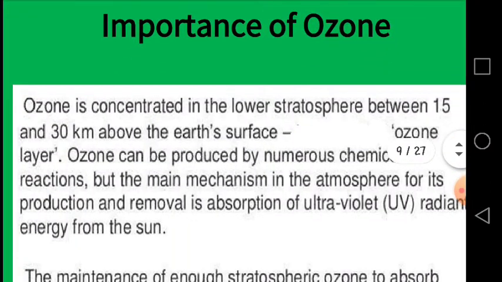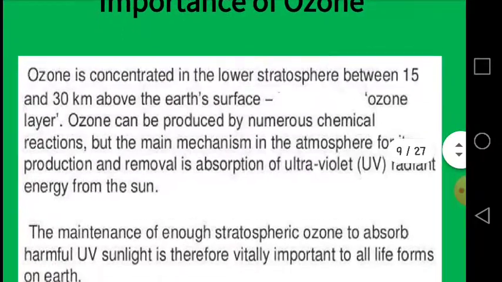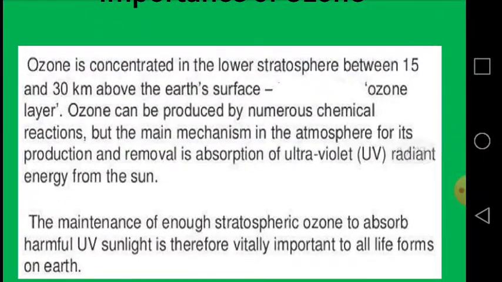One more point for the importance of the ozone. Ozone is concentrated in the lower stratosphere between 15 kilometers and 30 kilometers above the earth's surface. Ozone can be produced by numerous chemical reactions, but the main mechanism in the atmosphere for its production and removal is the absorption of ultraviolet radiations coming from the sun.